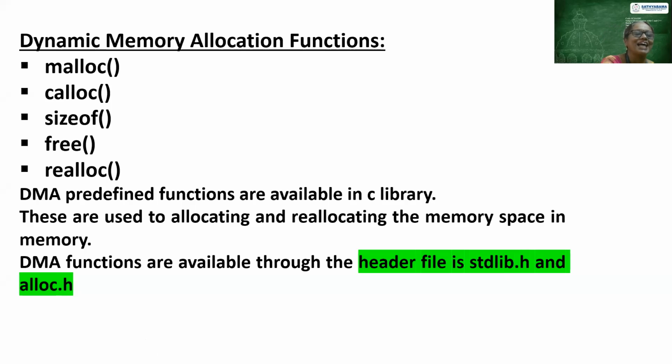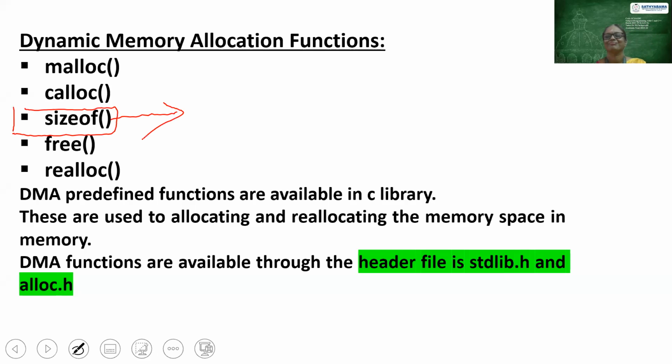Where did you study sizeof? In basics, sizeof integer, float. Not in data types, I'm asking precisely. Actually, we use data type length to find out sizeof, but where did you learn this particular sizeof?